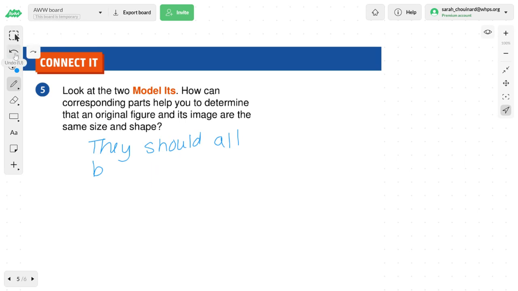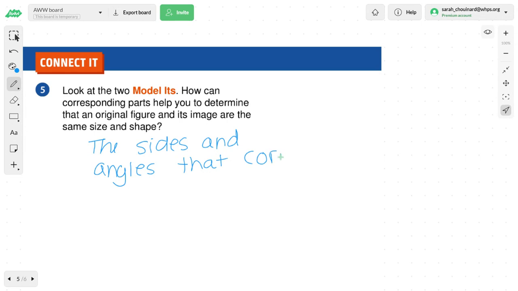Actually, let me be more specific. Instead of saying they should all be equal, let's say the sides and angles that correspond should all be congruent.